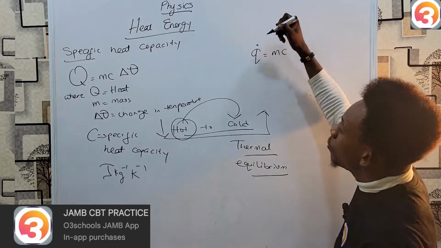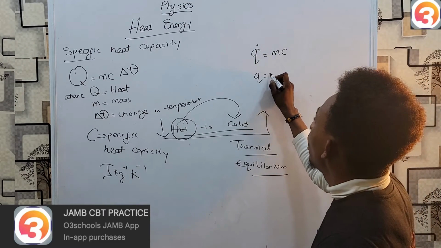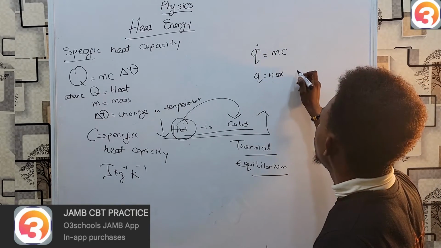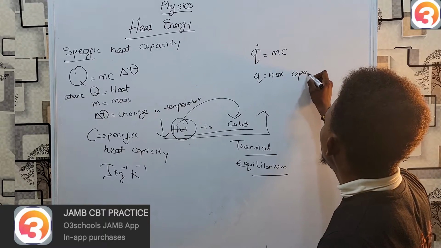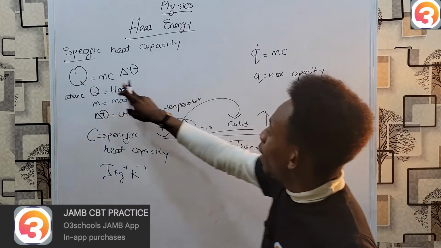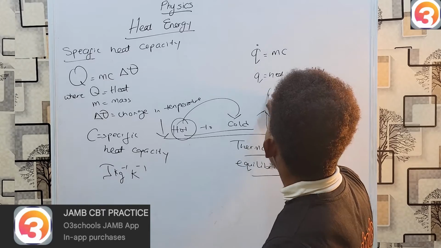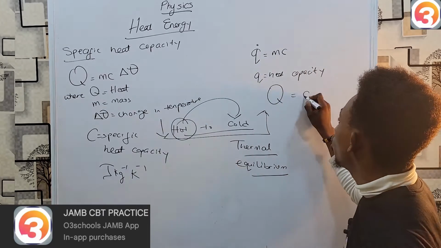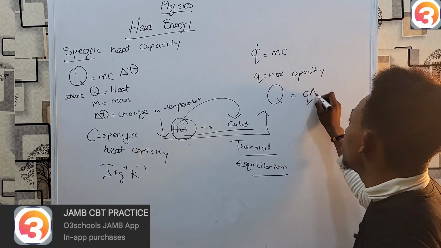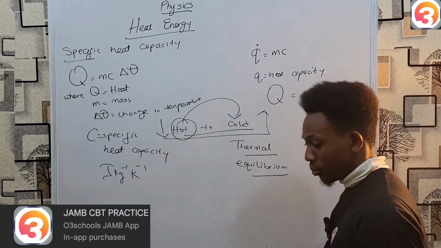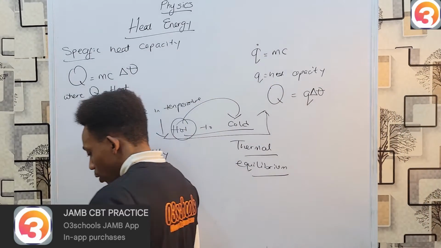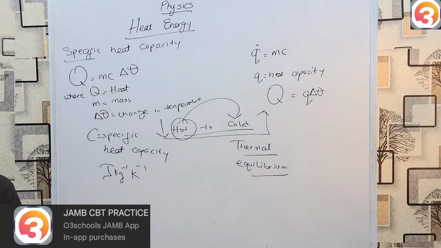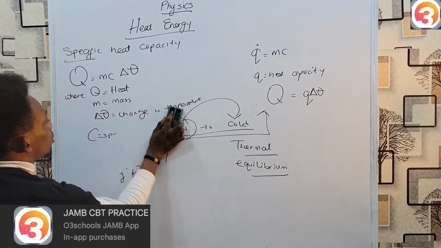So we use small q for heat capacity and big Q for heat. Now, if small q represents mc, then big Q, heat, equals small q, heat capacity, times change in temperature. Those are the first two formulas you must know while dealing with this topic.